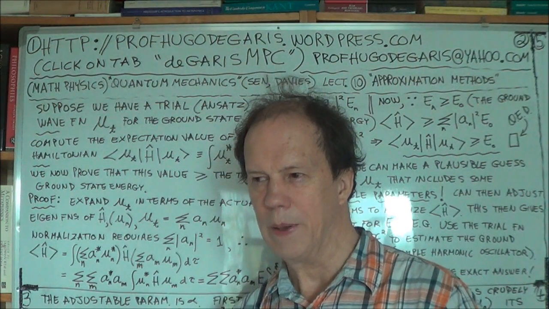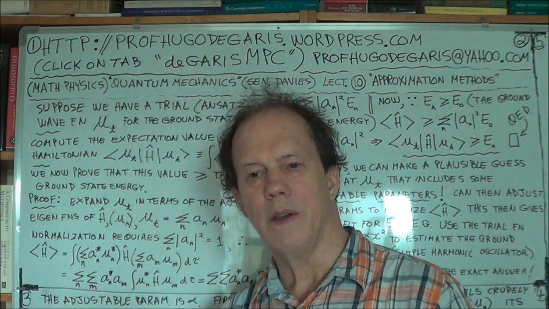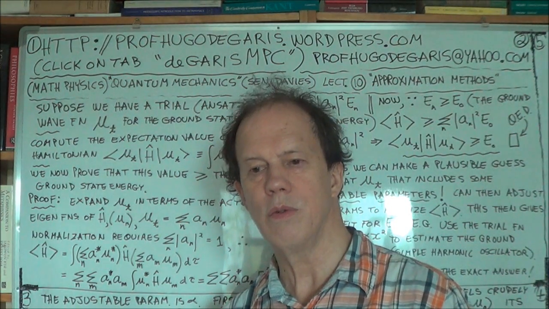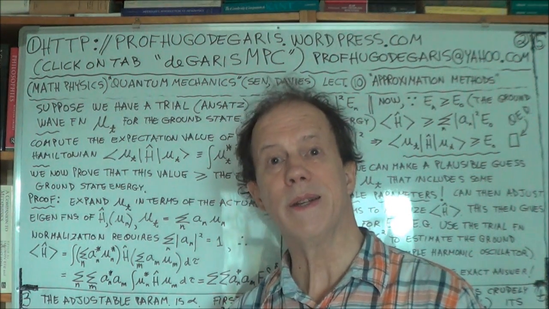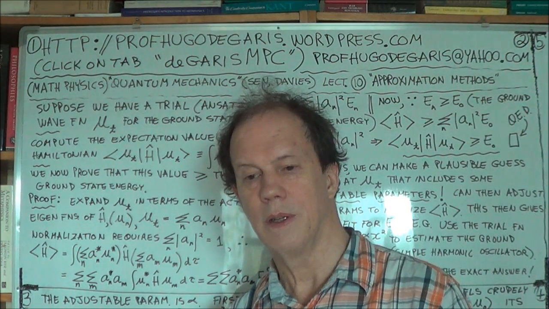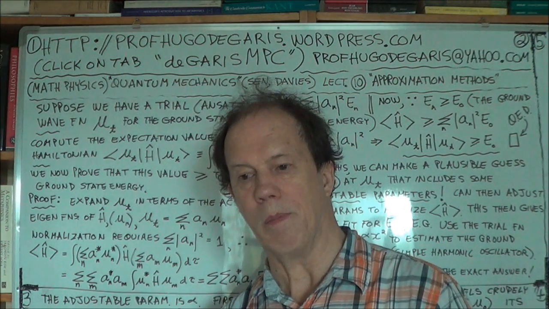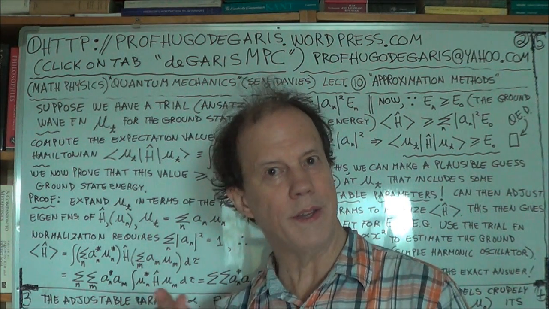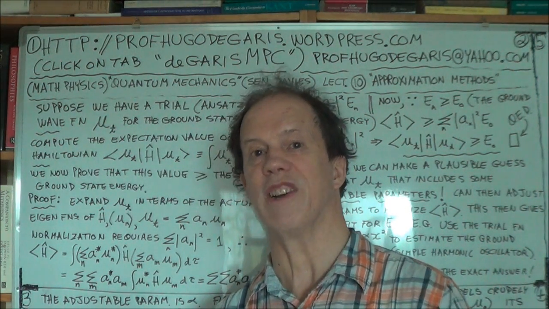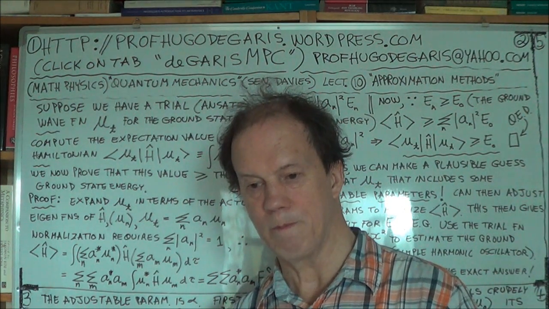What it's about is a fairly simple method that allows you to estimate the ground state energy. You just guess what you think is a reasonable ground state wave function, and you plug it in.